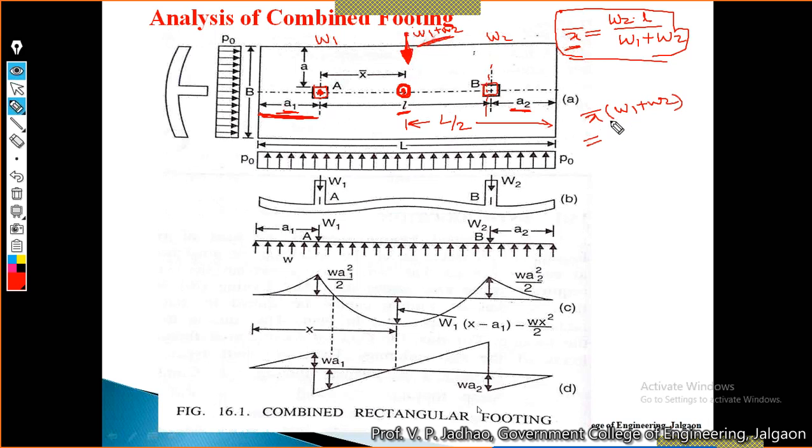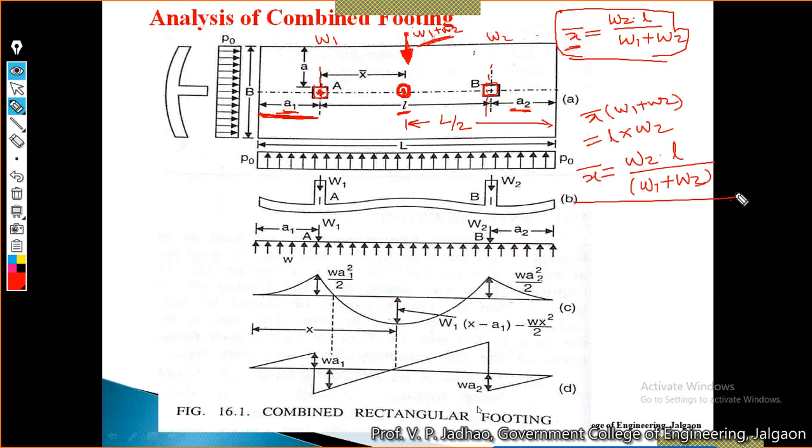This will be equal to the moment of load W2 with respect to column A, so this will be L multiplied by W2. So we get X bar equal to W2 multiplied by small l divided by W1 plus W2. This is how we will be calculating the value of X bar.